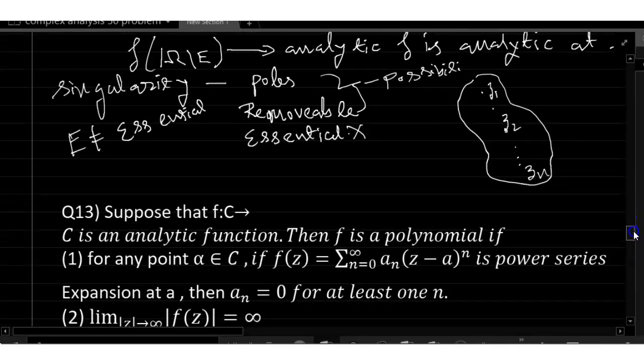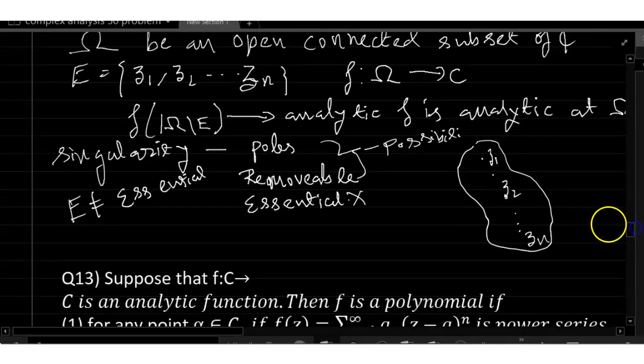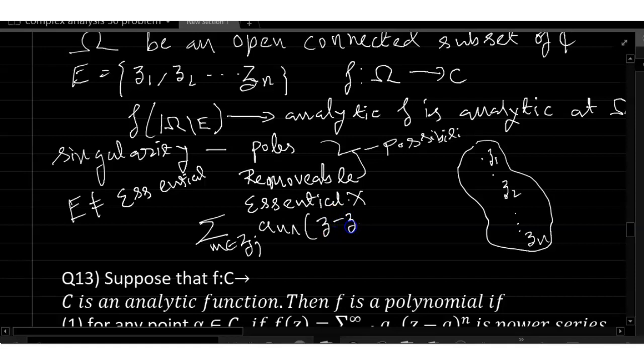So friends, we must remember that when Laurent series, now we will discuss the negative portion. Laurent series is summation m belongs to Z of a_m (z minus zj) whole to the power m.